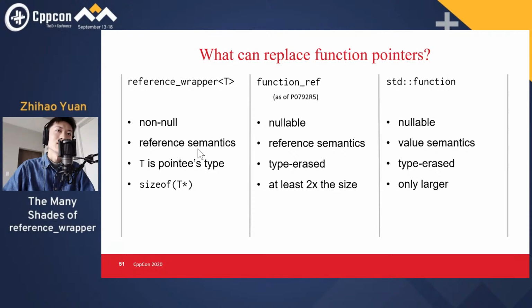Reference wrapper does not erase the pointee's type. Function ref and std::function perform type erasure. But reference wrapper is the smallest of all three. Its size is as large as a pointer. Function ref is at least 2x that size, and std::function is only larger.